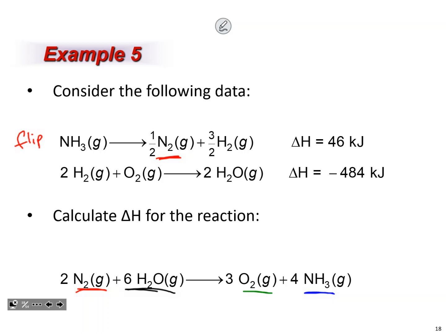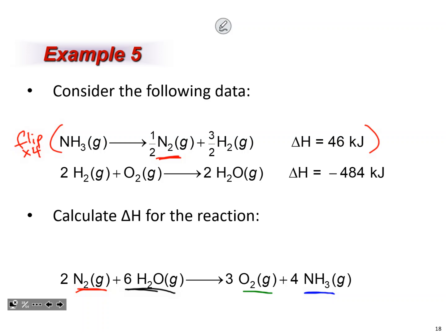Now, the other thing I ask myself is, does it have the right coefficient? It's 1/2 N2, but I need it to be 2 N2. No, it's not. So I'm going to have to multiply. What do I need to multiply this one by? So everything in here gets multiplied by 4. So I'm going to flip and multiply that way.